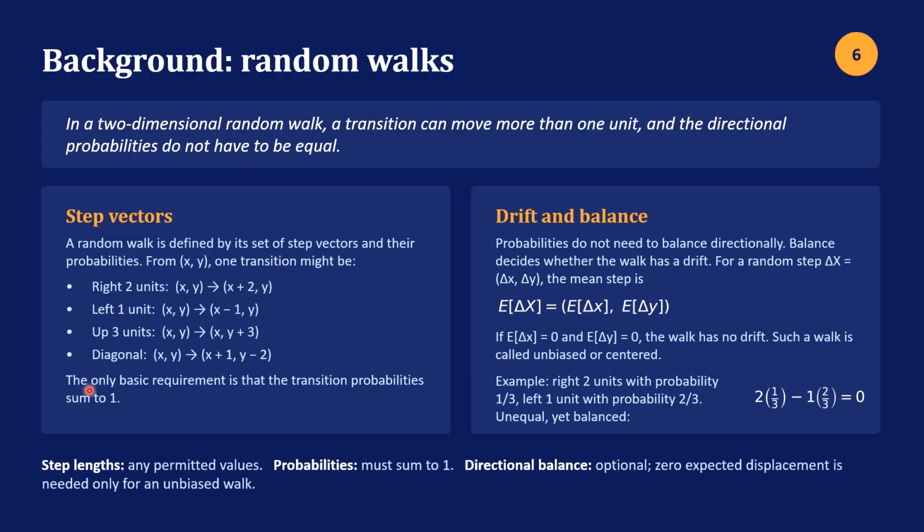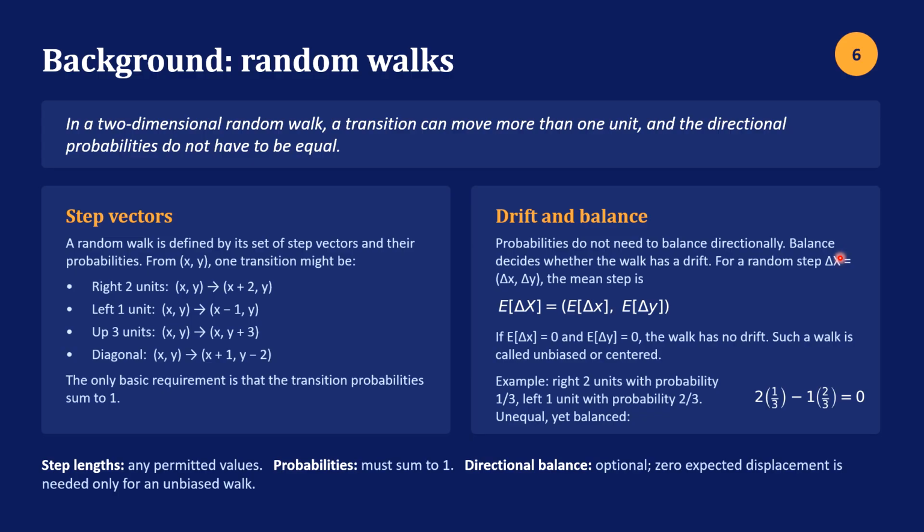So you could have drift, or you may not have drift. You could have balance. So you just think about it. If someone is starting at some point here, the basic question is, will they eventually come back to that, or will they drift off in one direction? And you can determine that by taking the expected value of the components of the random variable. That's what I'm showing here.